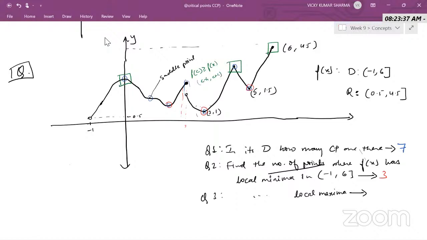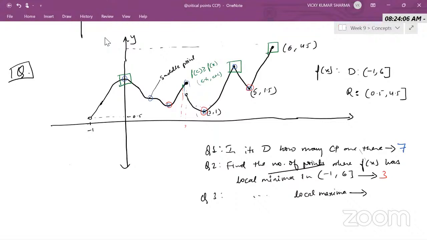When I take c minus h, is my f of c greater than f of c minus h? Yes, it is greater. Is this greater than f of c plus h? c plus h is somewhere here. Yes, it is greater. That's why I'm counting this point. That's why I'm telling you 4.